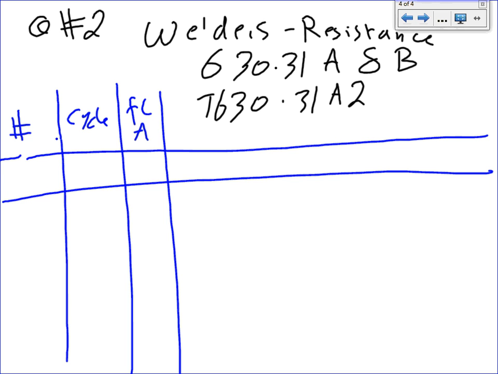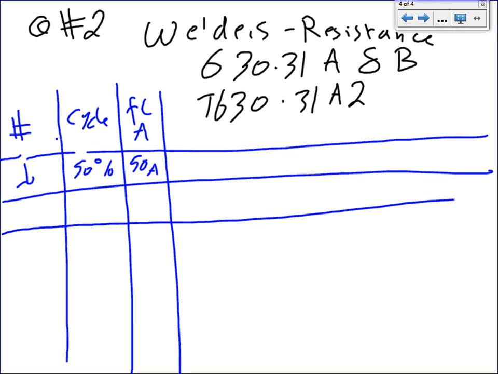Okay, let's take welder number 1, guys. It happens to be 50 amp. The cycle is 50%, and believe it or not, 50 amp too.